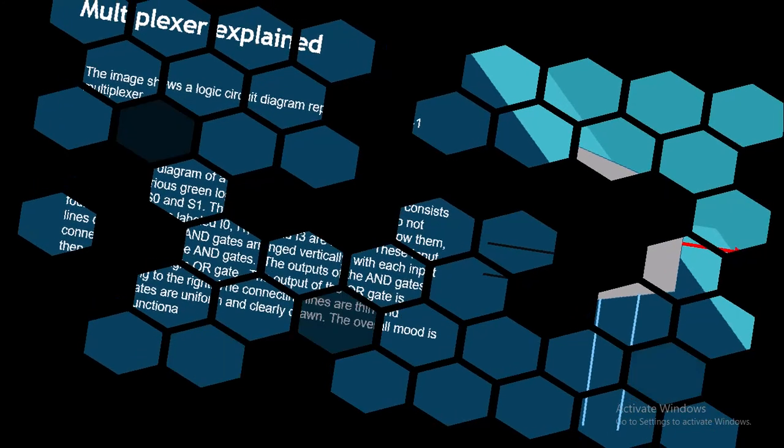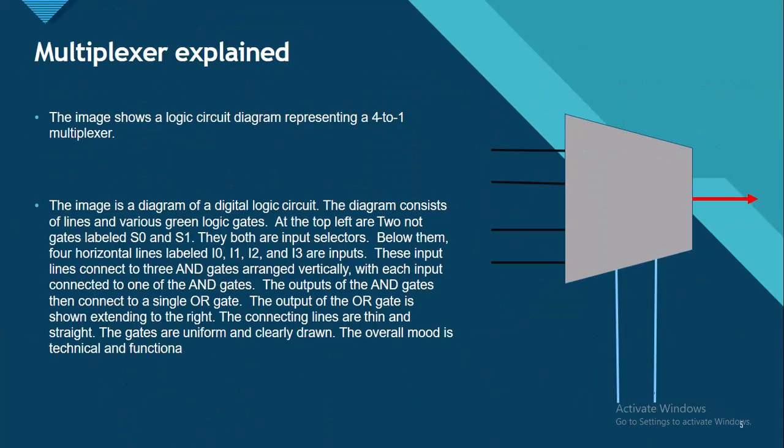On the 4 to 1 multiplexer, the image here represents a logical circuit diagram of a 4 to 1 mux. The diagram consists of lines and various logic gates, which will be explained down the line.